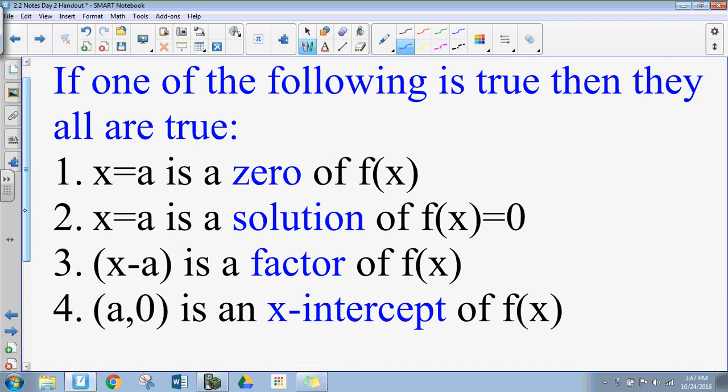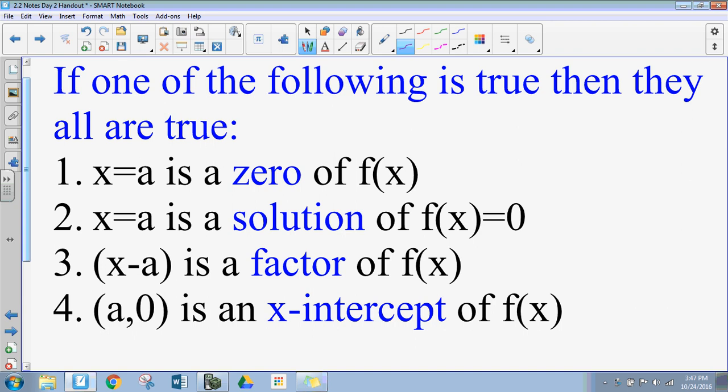So we've talked about this next slide a few times, that these words all mean the same thing, but I wanted to write it out again because you're going to keep seeing this. So if one of the following is true, then they are all true. So if x equals a is a 0 of f of x, then we also know it's a solution to the equation f of x equals 0.